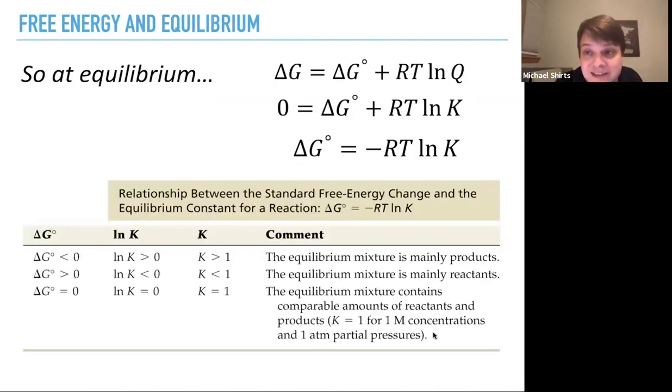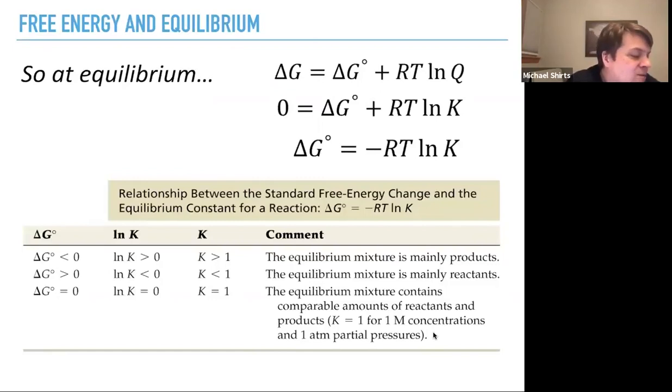So, since these are essentially different ways of talking about the same things, we can tabulate what all the possibilities are. If the standard state free energy is less than 0, then log K has to be greater than 0, which means that K is greater than 1. And so the equilibrium mixture is mainly products, because delta G standard state is less than 0. If delta G is greater than 0, then log K has to be less than 0, because it's linearly related times minus 1.